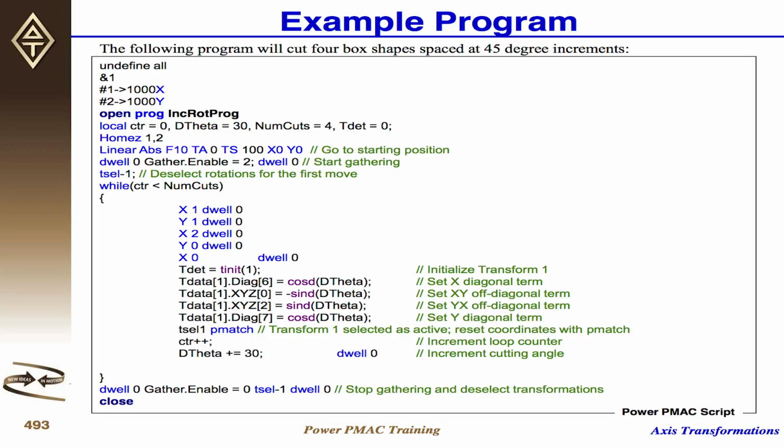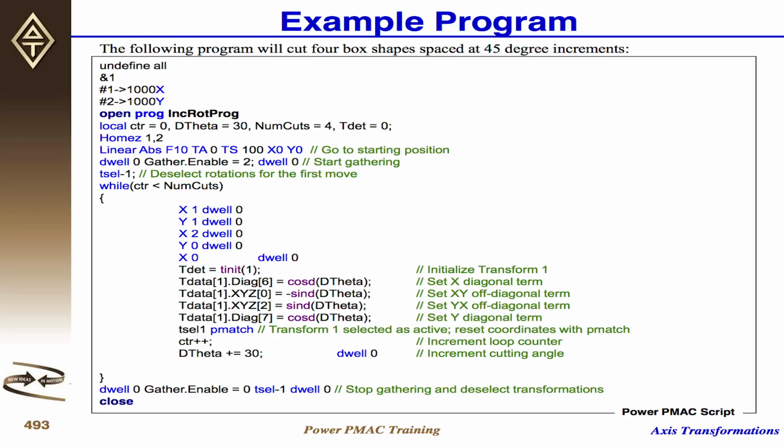And then after that, I do initialization on 1, put everything in 1, and then select 1 and p-match. So now, after this function, T-select 1, my axis transformation matrix is active. And then I increase the counter, and I do T theta plus equal 30.